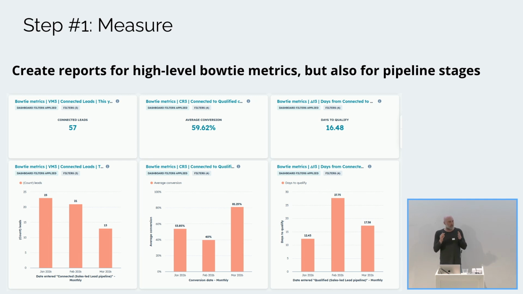But it doesn't tell you on the spot where you actually fall off. Because it can be that between that 20 and 40%, that maybe that conversion rate is 80%, while the conversion rate between the second and the third stage might be 20%. So that means that is the place where you have to look to improve your full business.